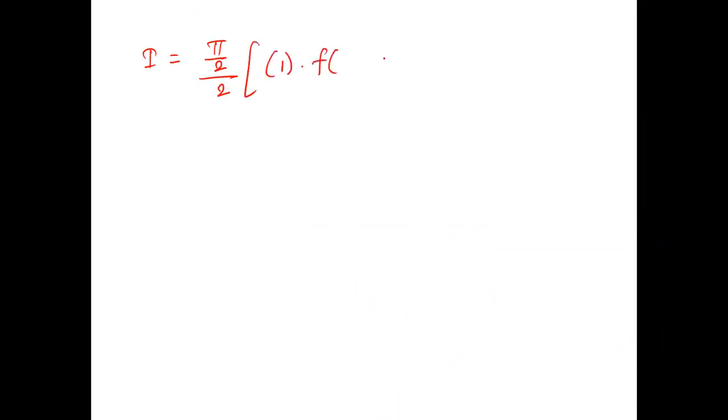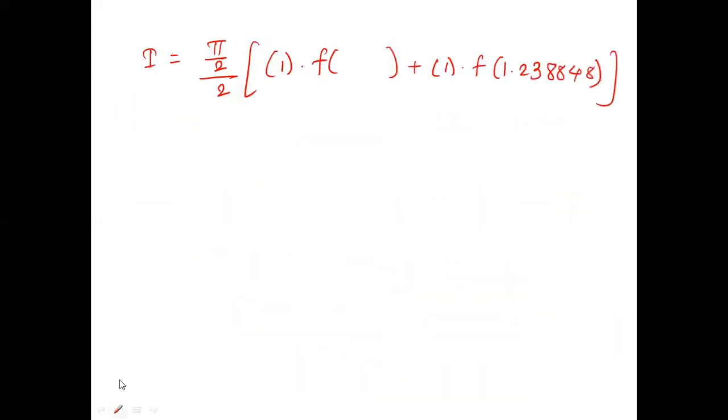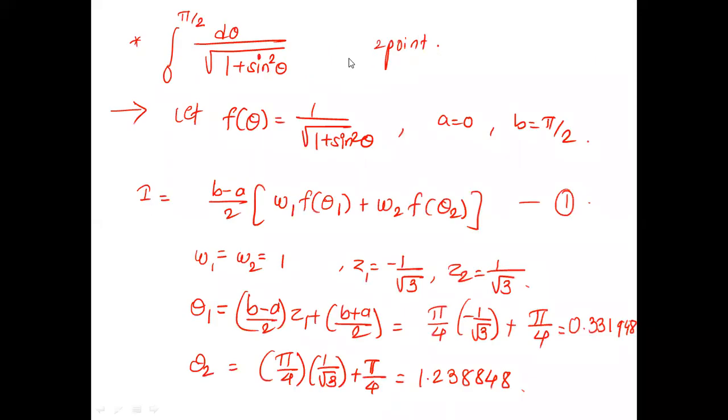W1 is 1 into f of theta 1 plus W2 is 1 into f of theta 2, and theta 1 is 0.331948. So if you are done, press this on your calculator and solve for theta 1, that is this theta. What is your answer? First, make sure you are in radian.